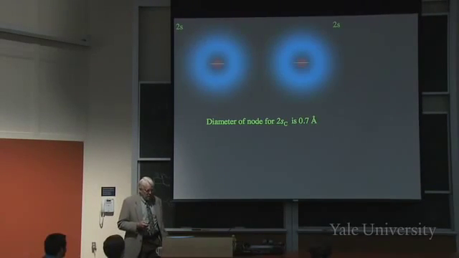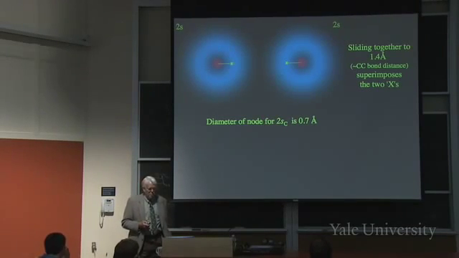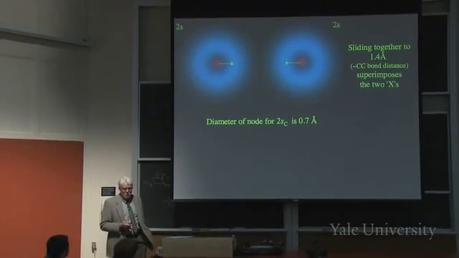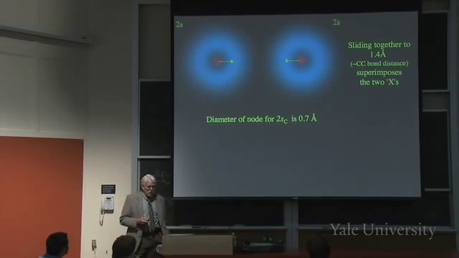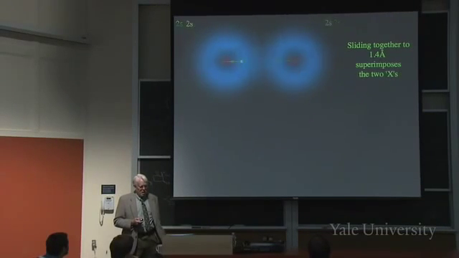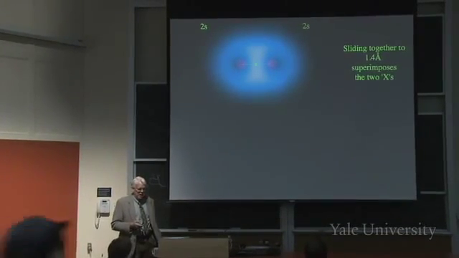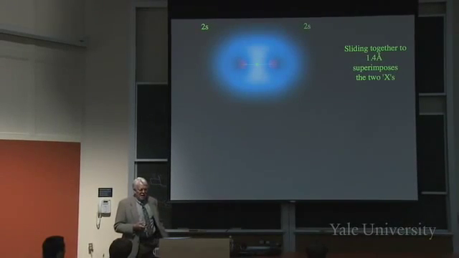So we can use that 0.7 angstrom scale to see how far we have to slide these together in order to get them to bonded distance. If we superimpose the x's, remember those diameters are each 0.7, so if we slide them together until we superimpose the x's, then they're 1.4 angstroms apart. So that's about the distance that these two orbitals are, in the proper scale, when they're in a carbon-carbon bond.